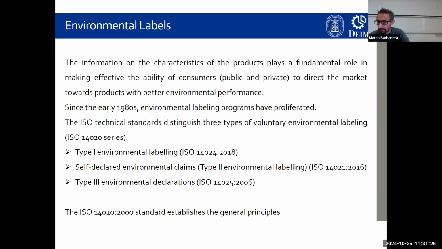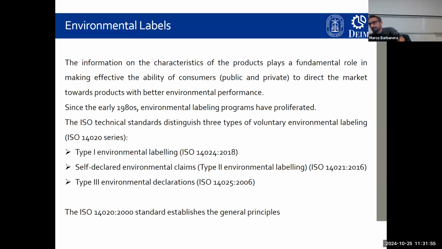Each type of environmental label is defined in a specific technical standard. For type 1, we have ISO standard 14024. For type 2, the technical standard is 14021. And for the third type, the technical standard is 14025.